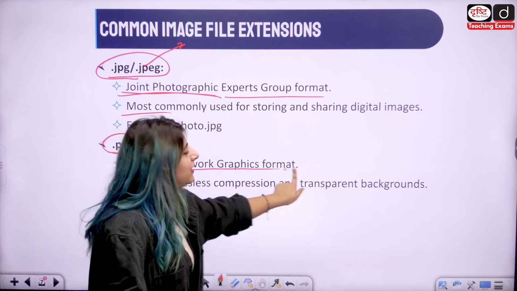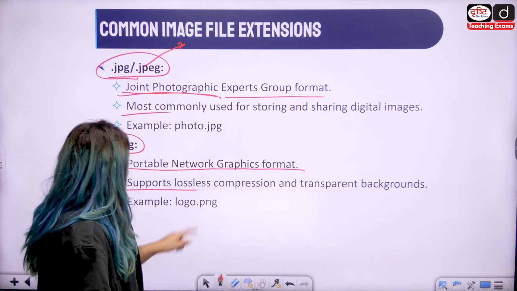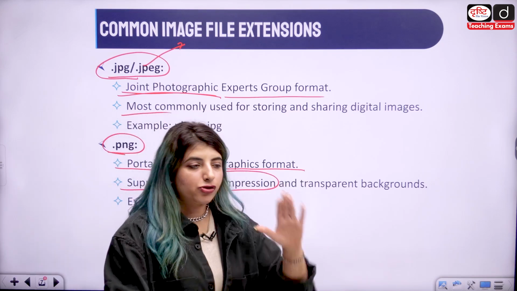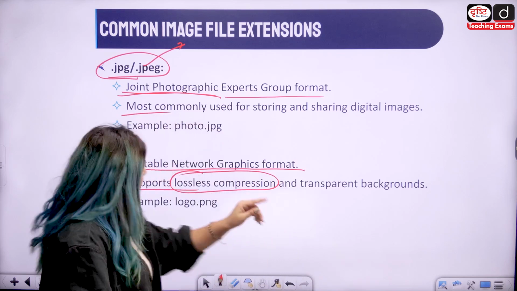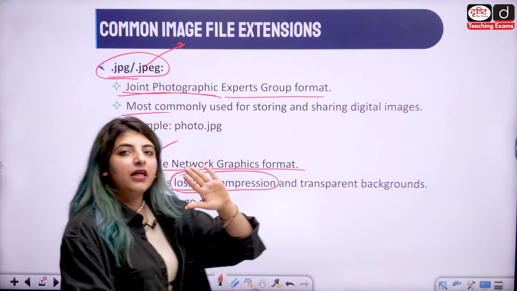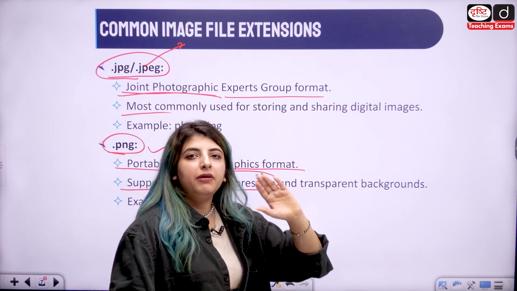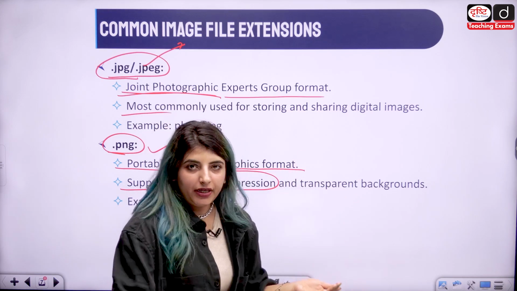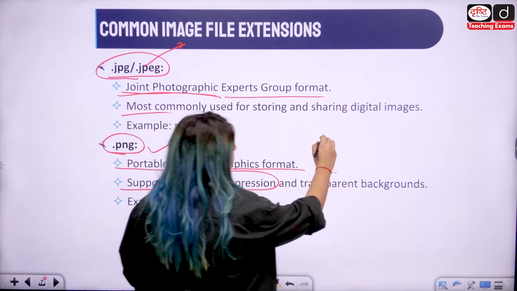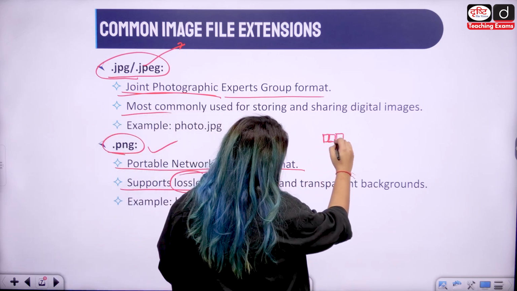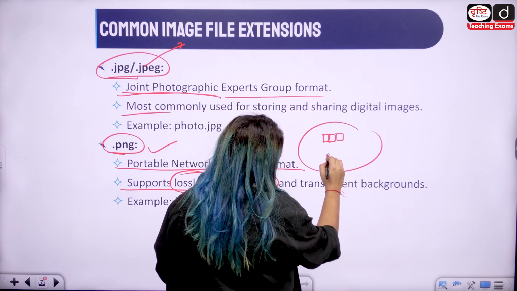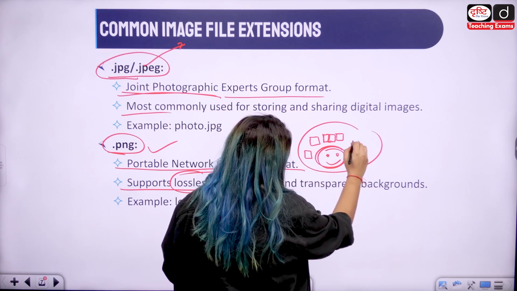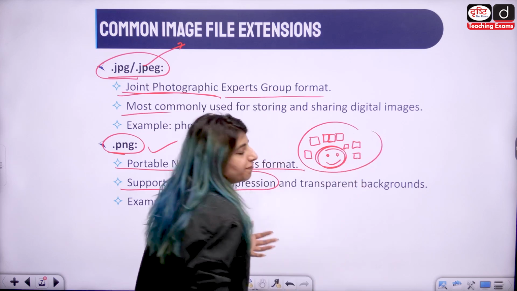PNG stands for Portable Network Graphics Format. This supports lossless compression and transparent backgrounds. So, if you download an image in the PNG format, the background would be removed and it would be transparent in nature. If you have seen PNG files, there are boxes in light gray or white color around the image.